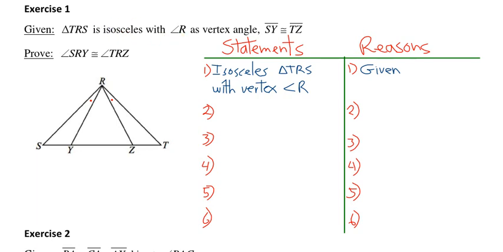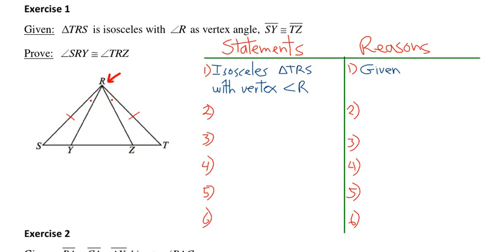So if this is our vertex angle, then the two sides that form that angle should be the sides that are congruent. So we know from that given that this is congruent to this. And if you want to prove that these two angles are congruent, you are going to have to prove first that these two triangles here are congruent.